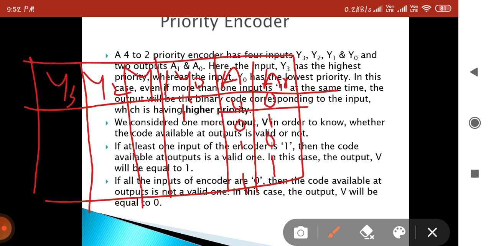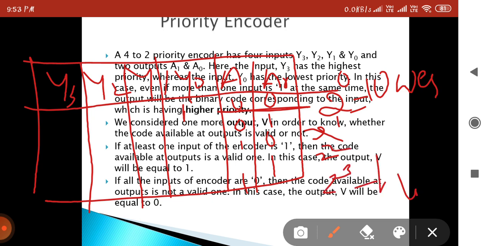In this case it is 2 raised to 0, this is the lower. This is 2 raised to 1, 2 raised to 2, 2 raised to 3. It's higher. In this encoder, all the remaining are 0.